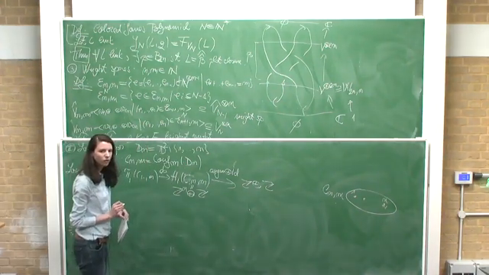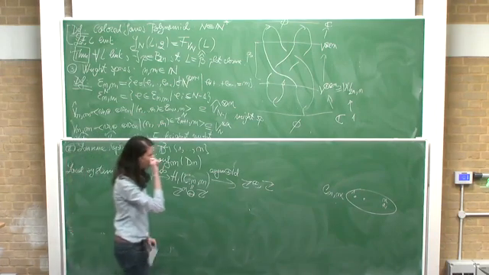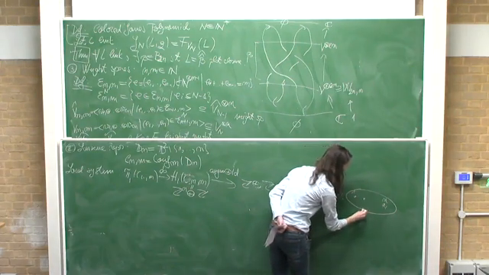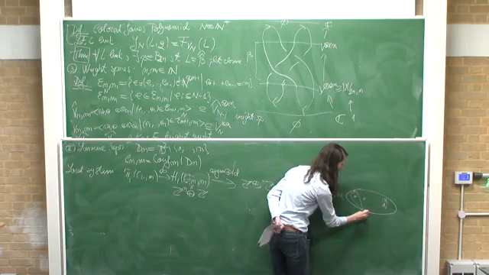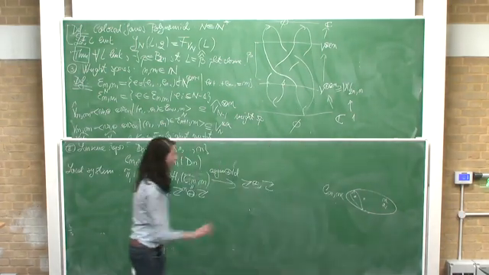The first n components are like linking numbers around each of those punctures. They're generated by the configuration when you make a loop around a puncture and you just preserve the others.